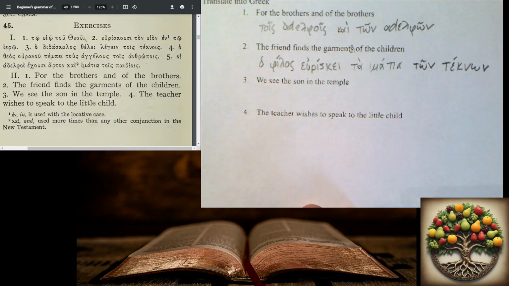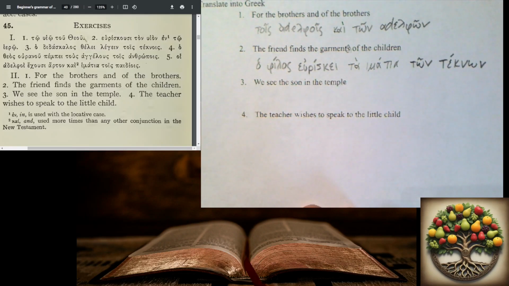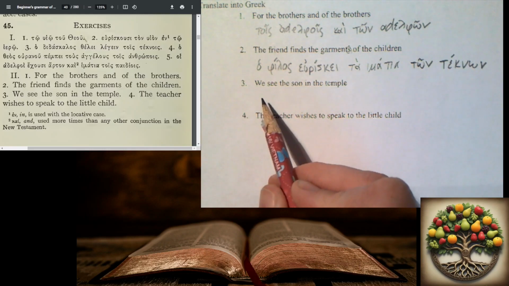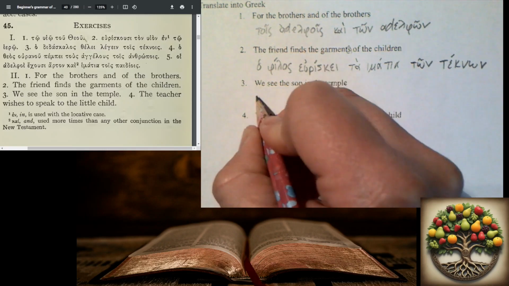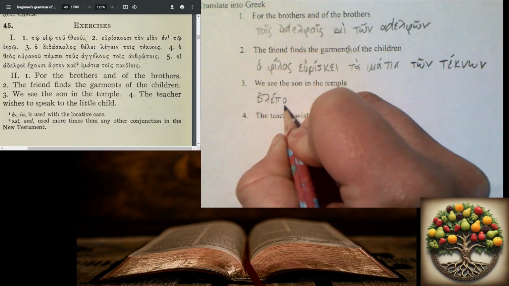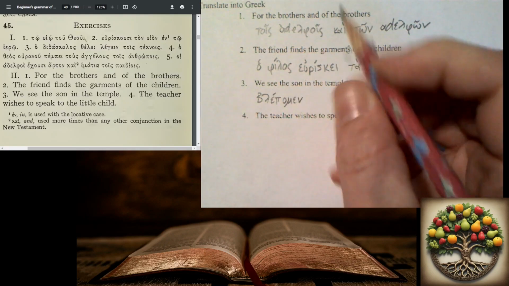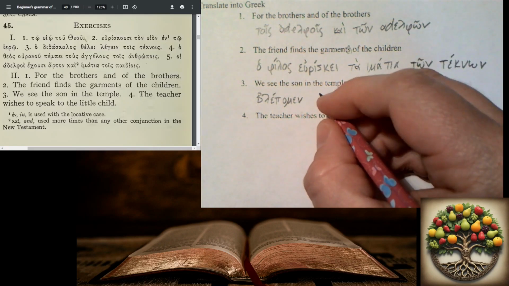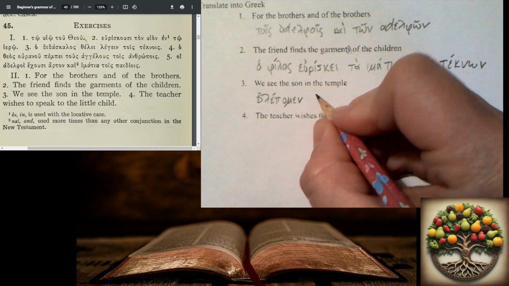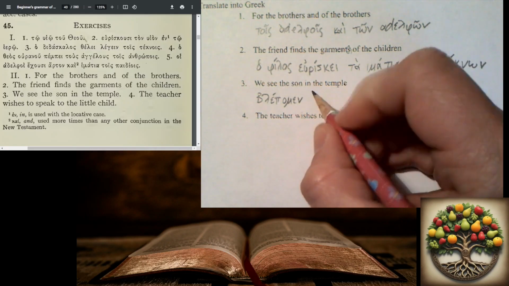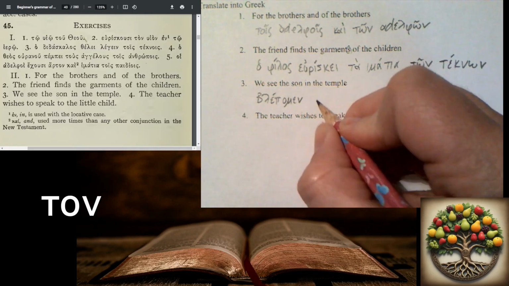Number 3, we see the son in the temple. Okay, the word for see was blepo for I see, and we're going to put it in the plural for the singular for we. Blepomen, we see. The son is ho huios in the nominative. In this case, it is going to be in the accusative, so ton huion.